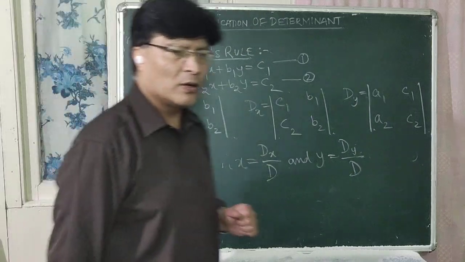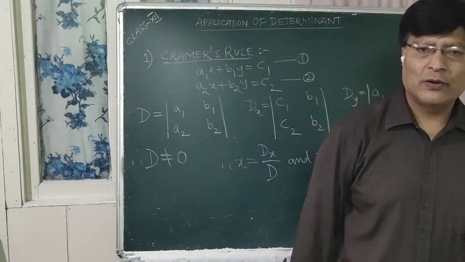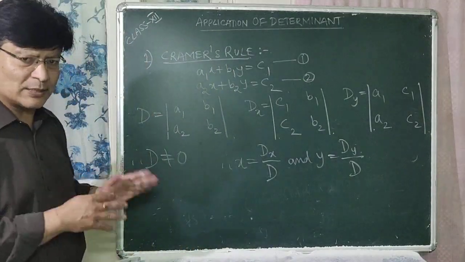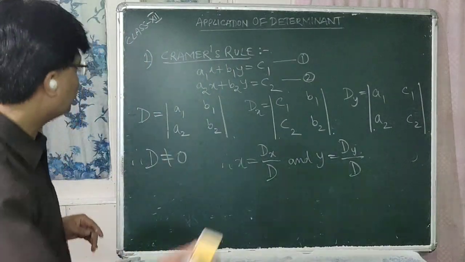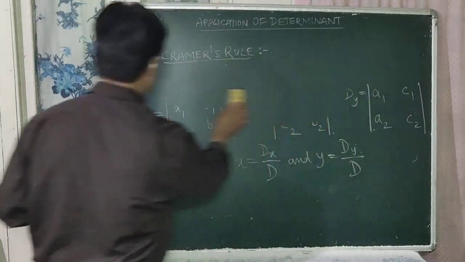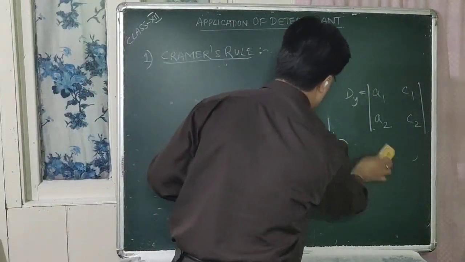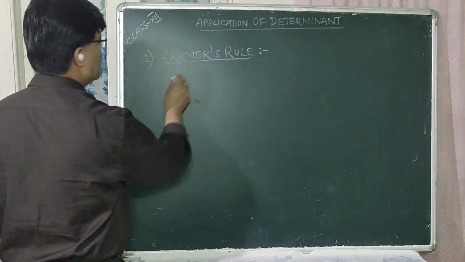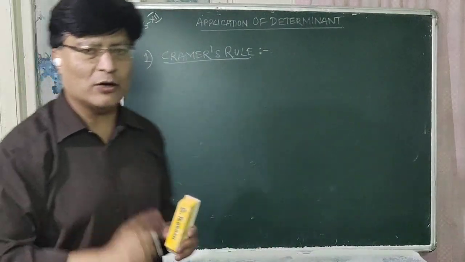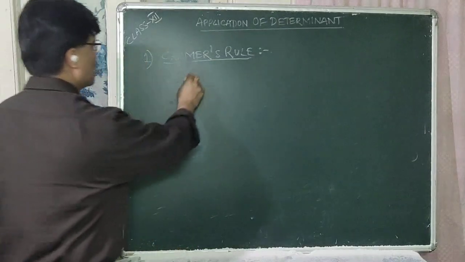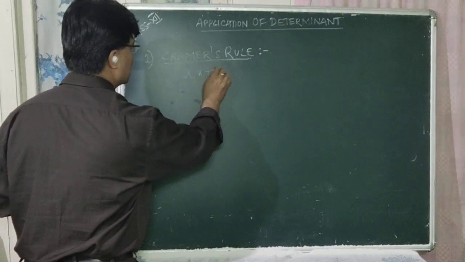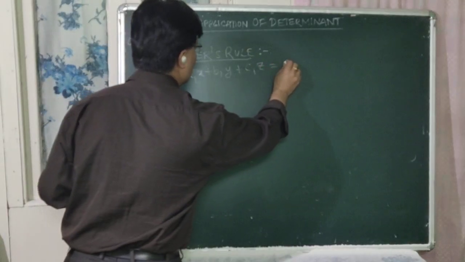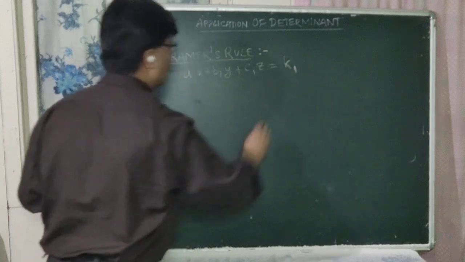So now we will apply Cramer's rule for three equations with three unknown quantities. Similarly you can do it. Okay, so now this is our first type. Now the second type. Suppose there are three equations with three unknown quantities. The first equation, suppose it is a1x plus b1y plus c1z is equal to, let us write k1 here.